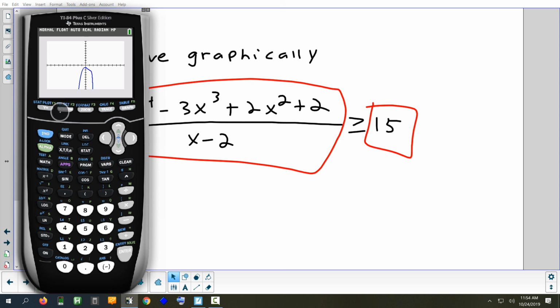And then 15, can't even see it. So if I set my y max at 15, actually let's even go 25. I think this problem is almost like a special case.